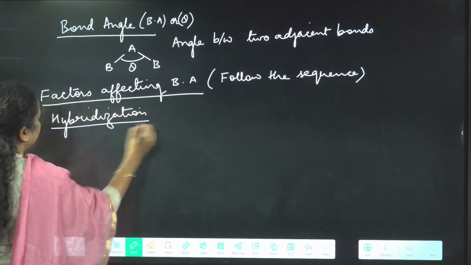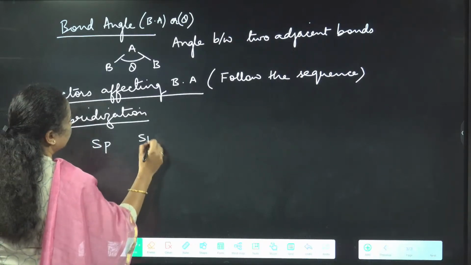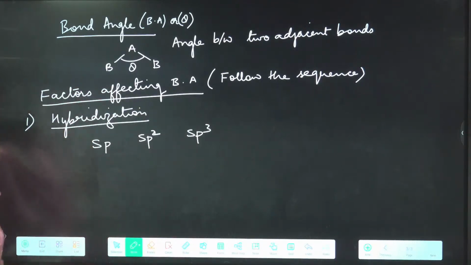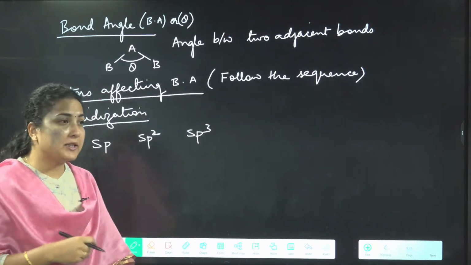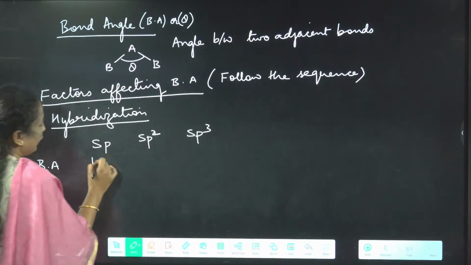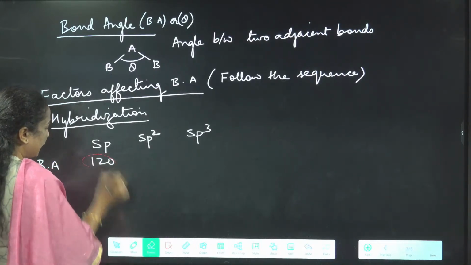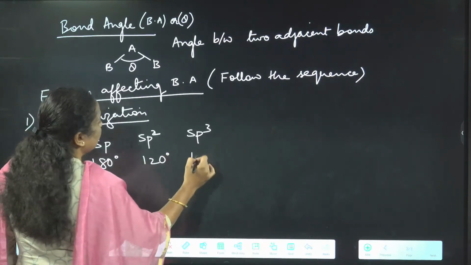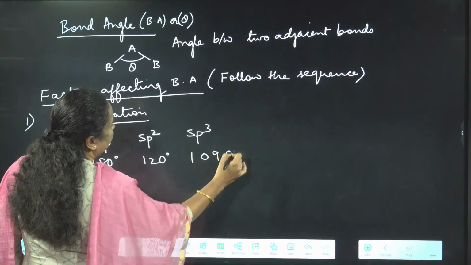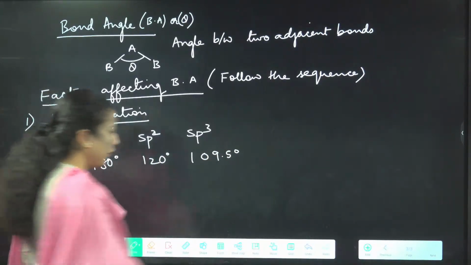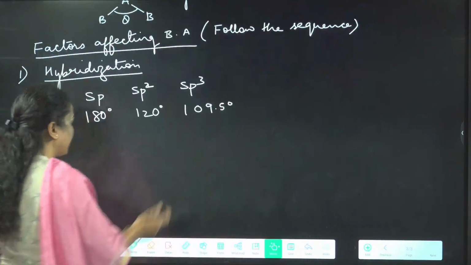If the hybridization of the central atom is sp, sp2 or sp3, what is the bond angle associated? We know the ideal bond angle is 180 degree for sp, here it is 120 degree and here it is 109.5 degree, right? So according to hybridization, we have to check first. And the first thing is to find out the hybridization.